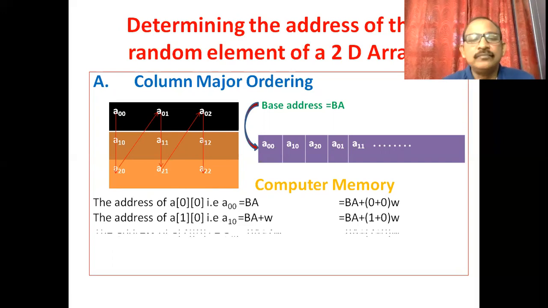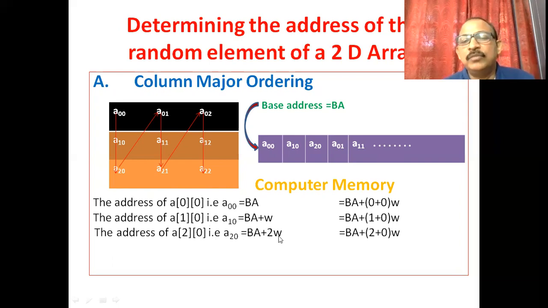Okay. Now the address of A20 is BA plus 2W, and you may write BA plus 2 plus 0.